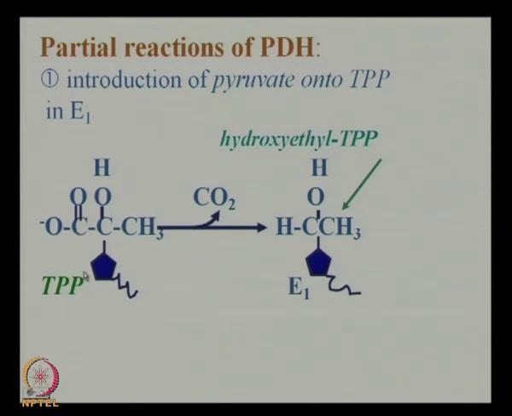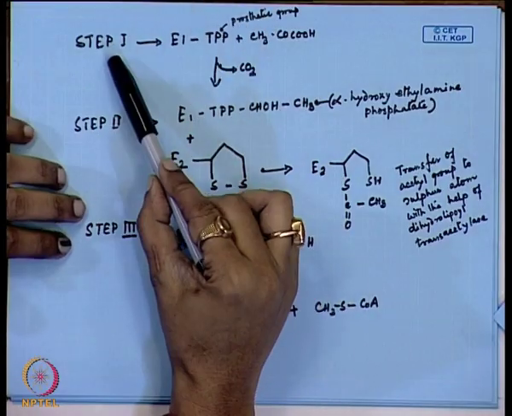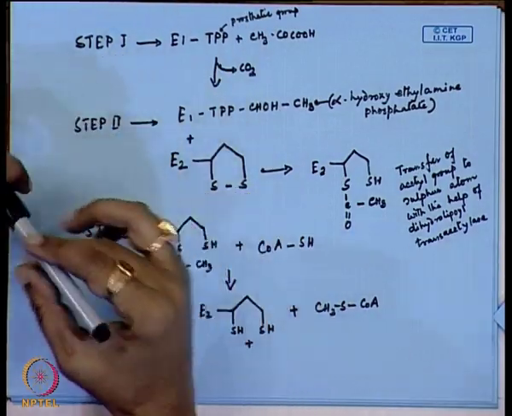Now, this TPP is the cofactor, and when the enzyme pyruvate dehydrogenase is attached to this TPP, it releases one molecule of carbon dioxide and the hydroxyethyl TPP complex is formed. Now, if we see this reaction, this is the first reaction.